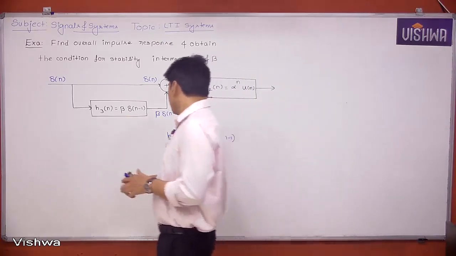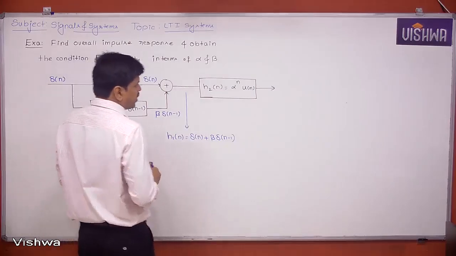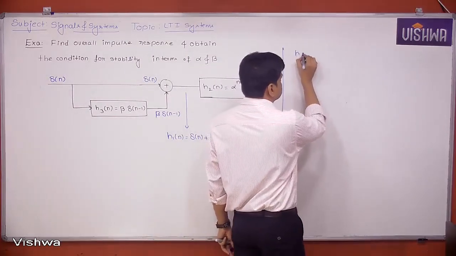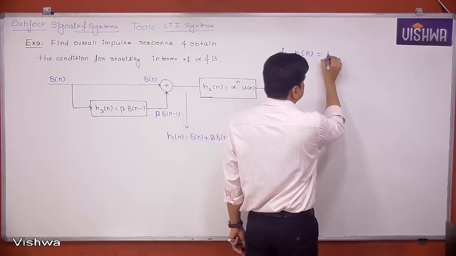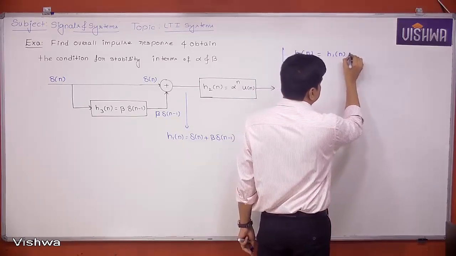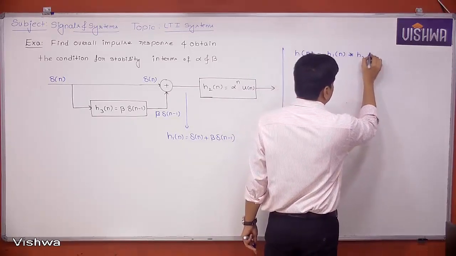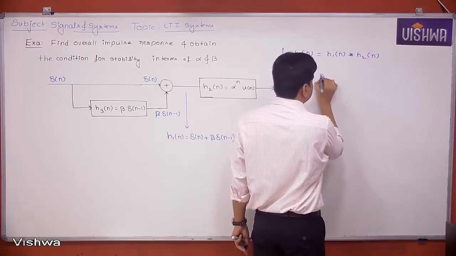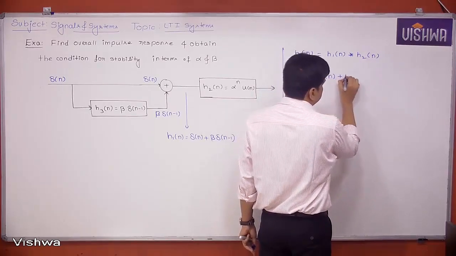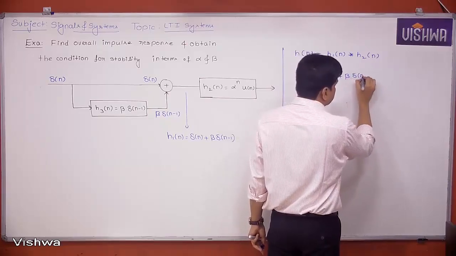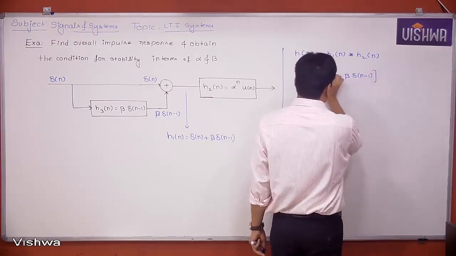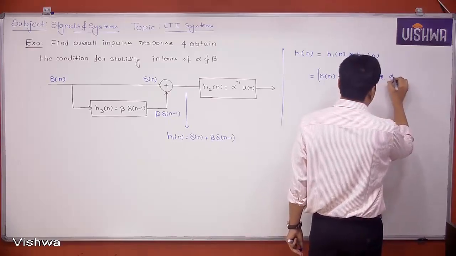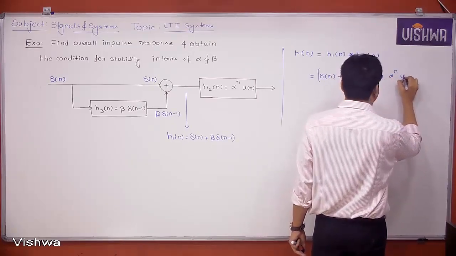Okay. Now we got h1 of n, then we can directly find the overall impulse response. h of n is equal to h1 of n convolution with h2 of n. So this is delta n plus beta delta n minus 1 convolved with alpha power n u of n.